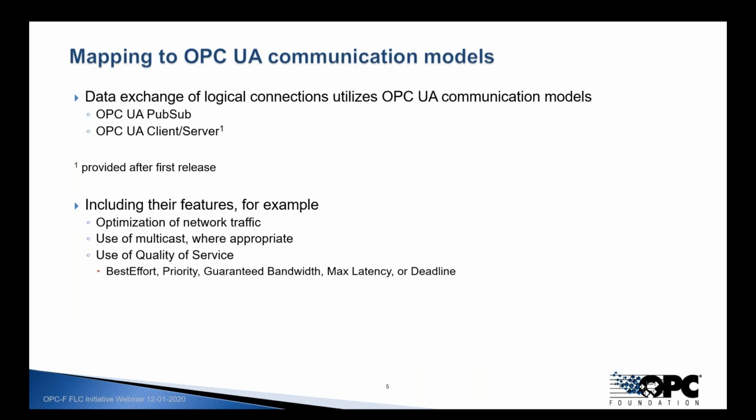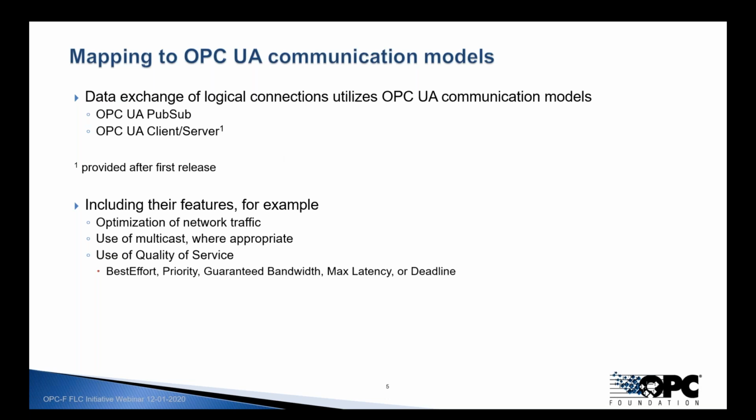Mapping to the OPC UA communication model. I think Clark already said something about that, but we will base this on existing OPC UA communication models, which are defined in the base parts of OPC UA.